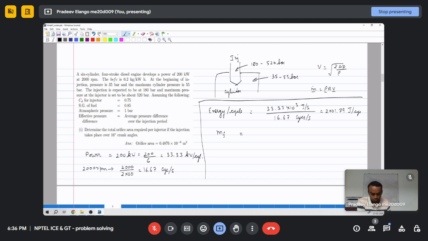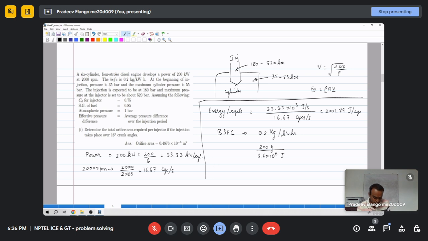Here the BSFC is given as 200, so it's 0.2 kilogram per kilowatt hour. So this will be 200 gram, and to convert the kilowatt hour we saw it is 3.6 into 10 power 6 joules. So BSFC is 200 by 3.6 into 10 power 6 gram per joule.